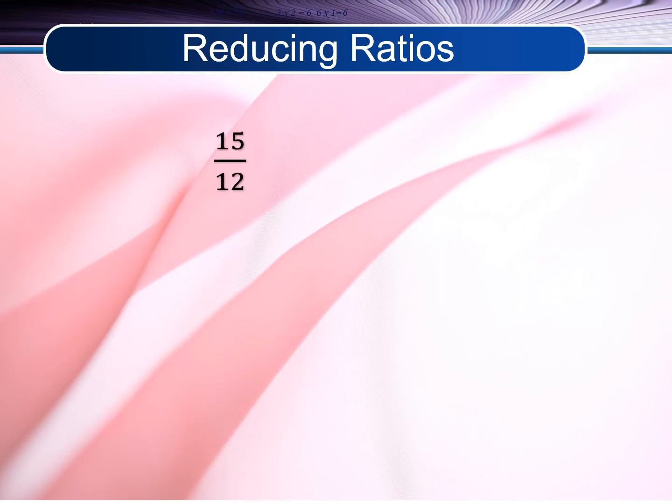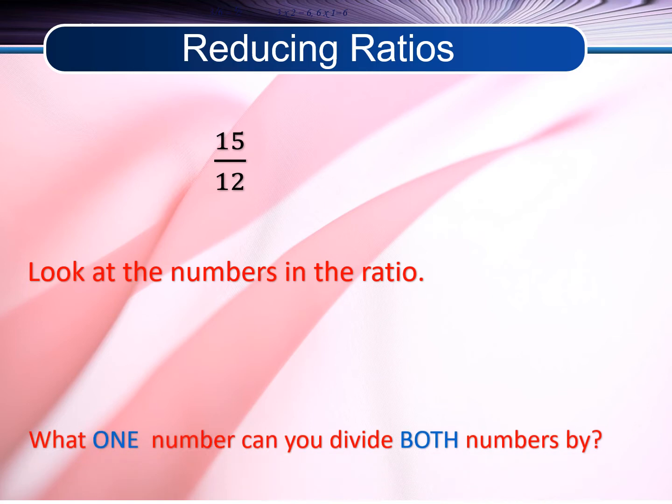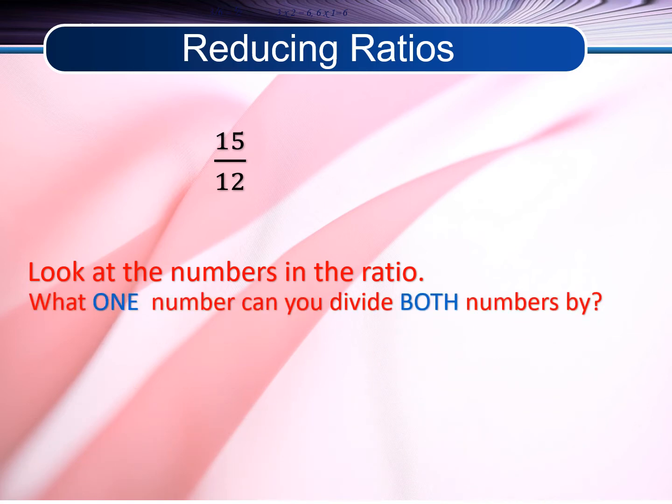Now, how are we going to simplify the ratio 15 to 12? Look at the numbers in the ratio. What one number can you divide both numbers by? The one number that you can divide on both is their GCF. That is, you have to get the common factors of the numbers. Then, divide it to both of them.